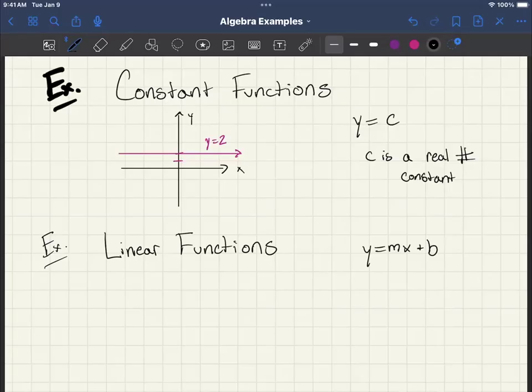Y is equal to m times x plus b, where m is the slope of our function, or how steep that line is, and b is the y-intercept.